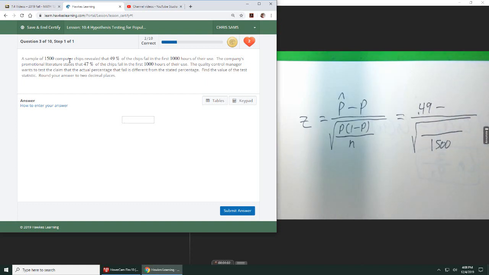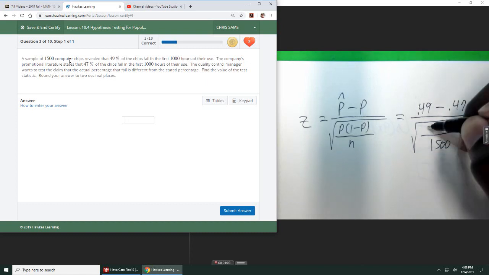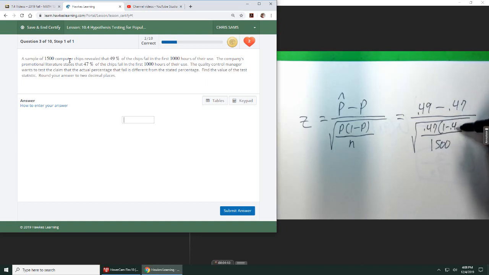And then the company's promotional literature states that 47% fail, so the true proportion is 0.47. So 0.47 and then 1 minus 0.47, or you could go ahead and subtract that and put 0.53. It doesn't matter.